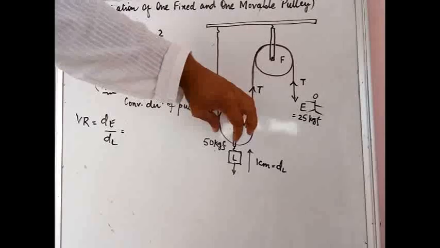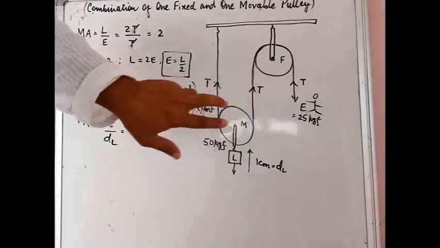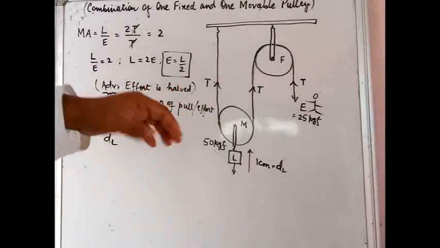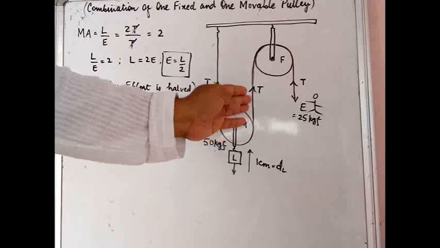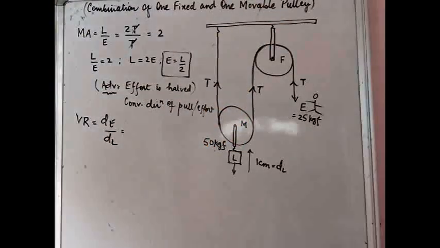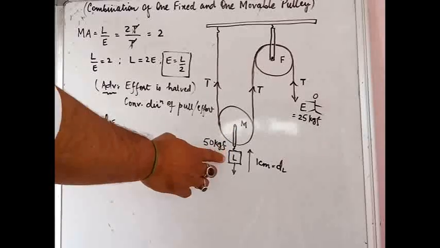So if this pulley goes up by 1 centimeter, you will have 1 centimeter free here and 1 centimeter free here of the tackle, which will overall result in the movement of 2 centimeters of the tackle onto the effort side.